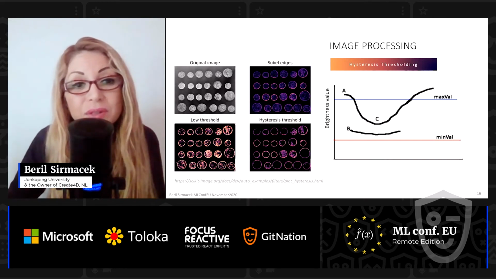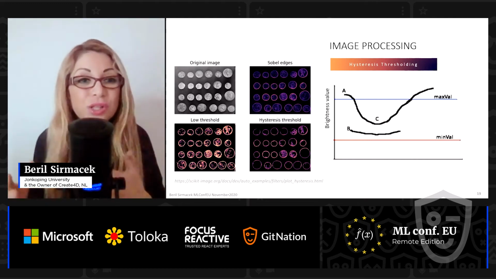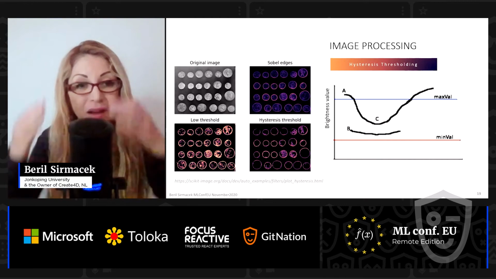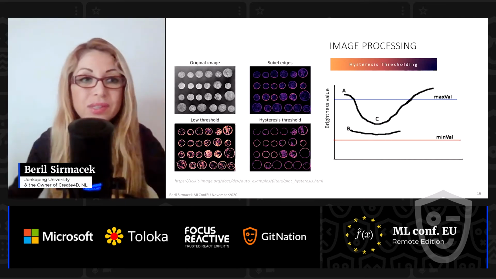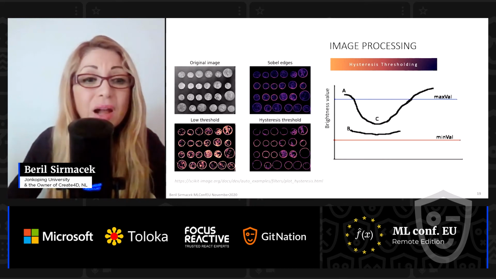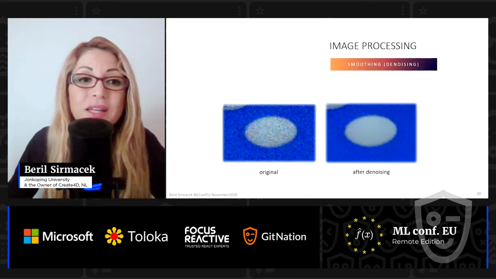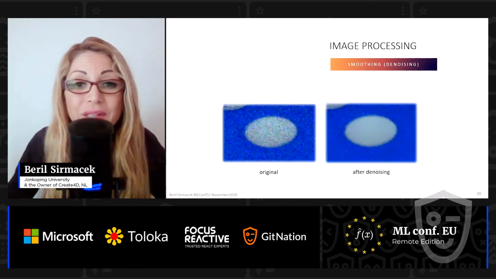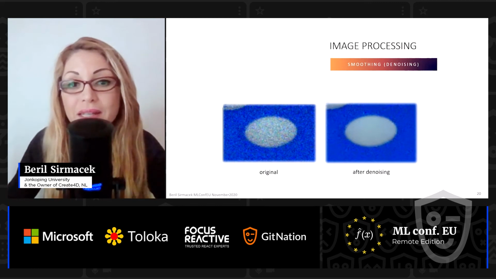So that gives us very robust algorithms, because one threshold may not detect all the connected lines, but two thresholds, with hysteresis-like methods, help us to develop more robust approaches. So I've given you some algorithms to process images further, but I have to go quicker. Please look at the slides later.